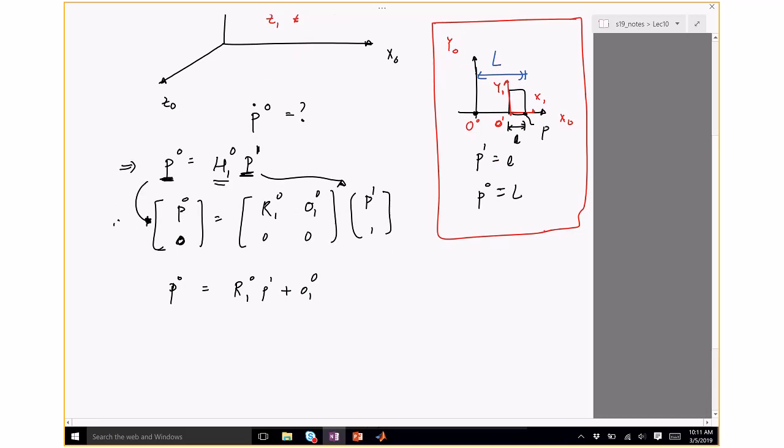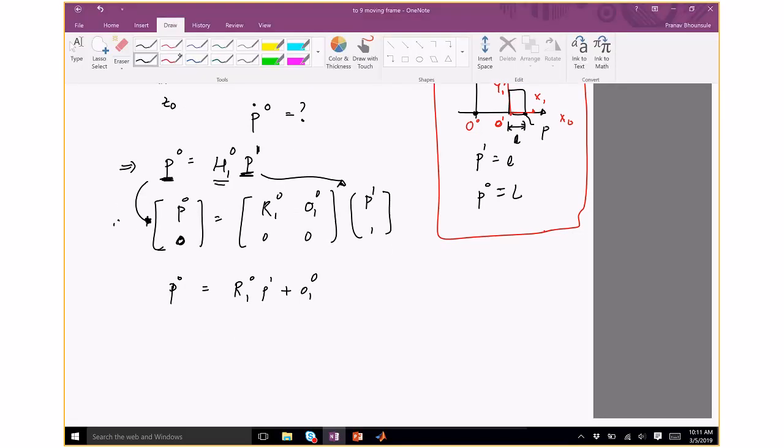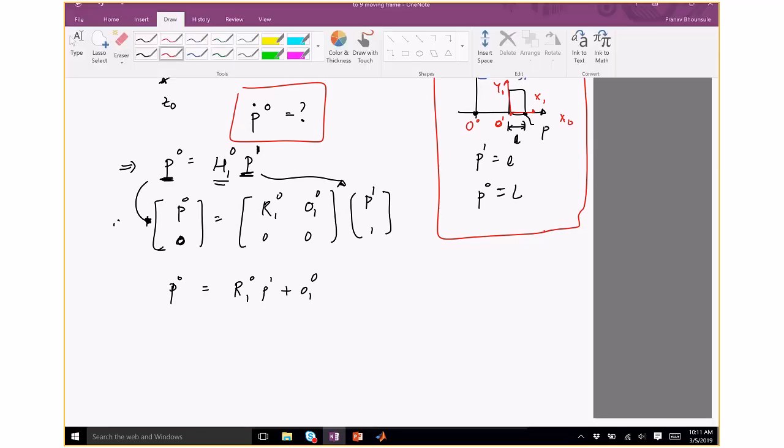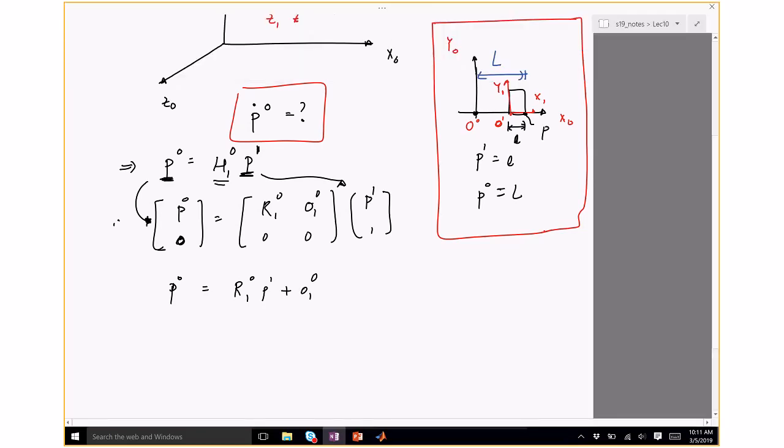So we are interested in finding P dot. That's our goal, and the simplest thing you can think of is to differentiate this expression here. So we find the derivative with respect to time. When you take the derivative of two terms, R times P, we do the product rule.